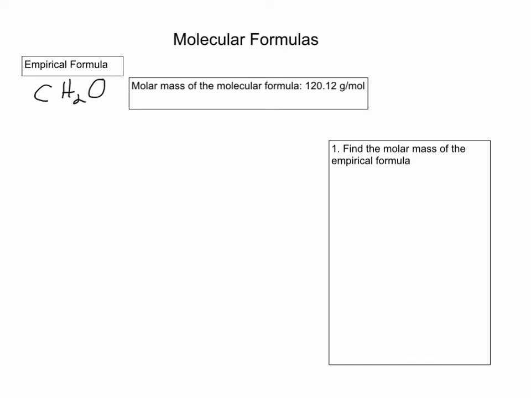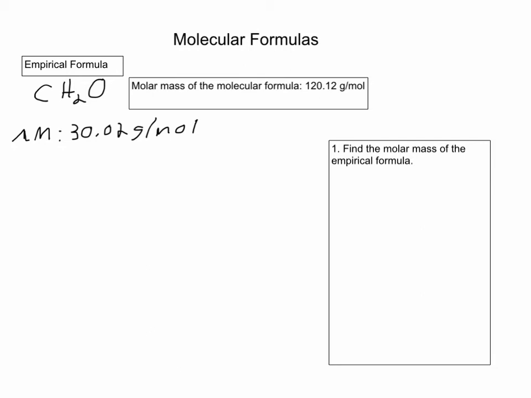In this case, we get the molar mass of the empirical to be 30.02 grams per mole. So right away we see that the molar mass of the empirical formula does not equal the molar mass of the molecular formula, meaning we don't have it already.